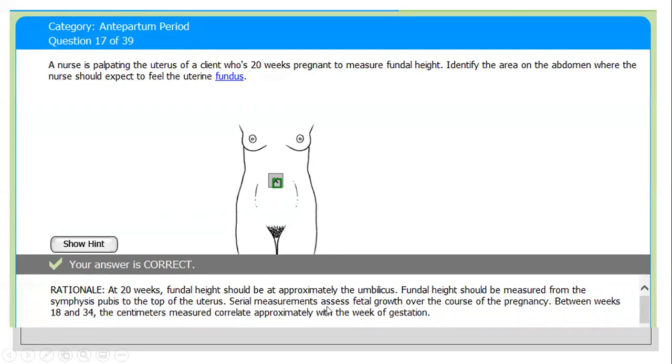Serial measurement assesses fetal growth over the course of pregnancy between weeks 18 and 34. The centimeter measure correlates approximately with the week of gestation.